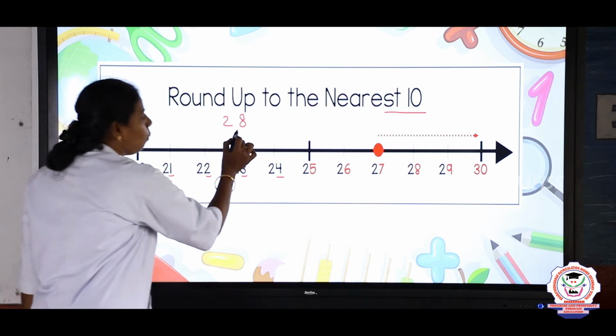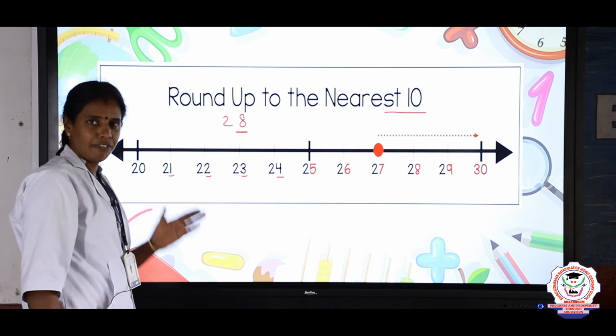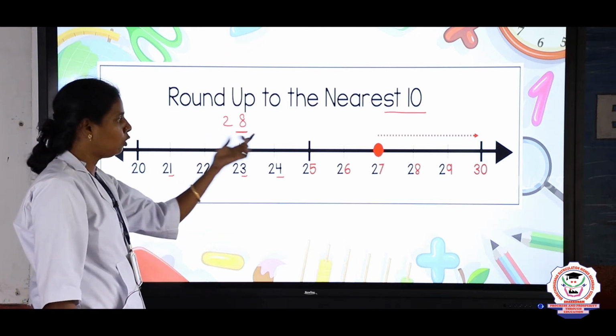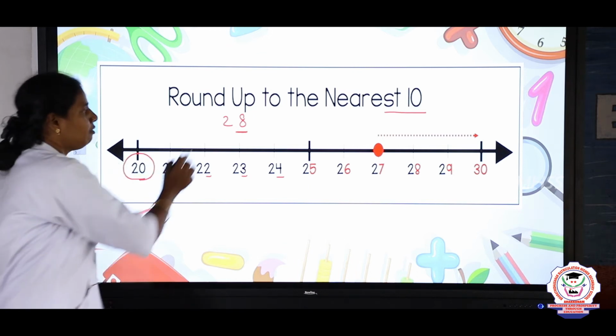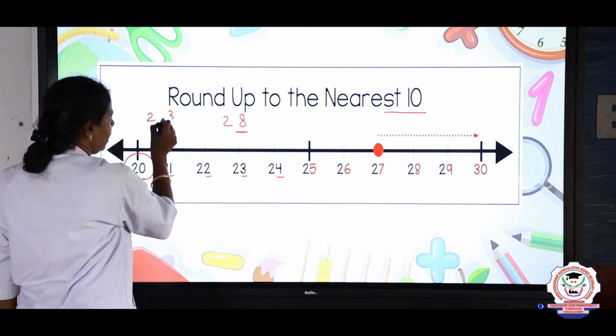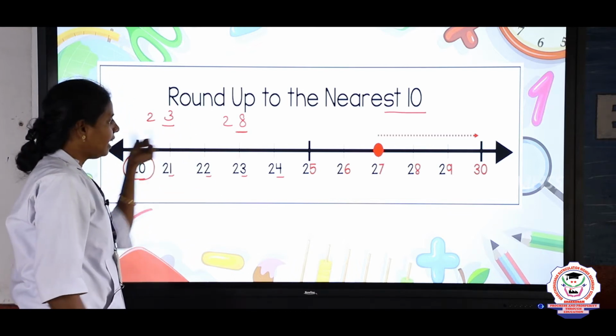We want to see the ones digit. If the ones digit is less than 5, then the number will be rounded off to the previous ten, that is 20. If the question is 23, see, the ones digit is 3, which is less than 5.